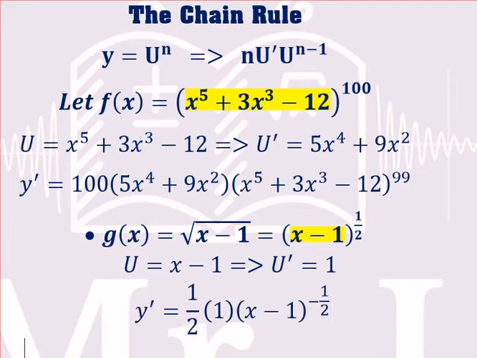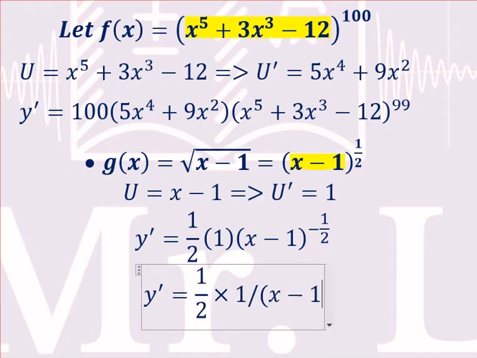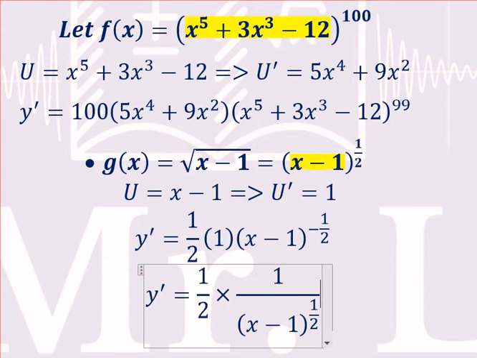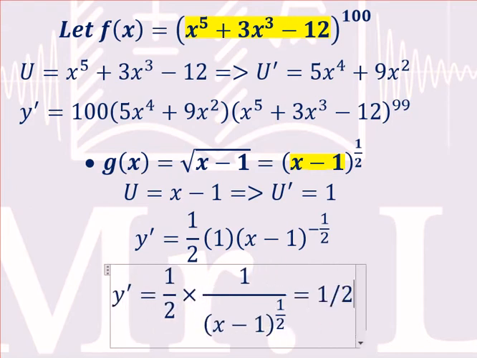Then a little simplification: this means that y prime is simply equal to half multiplied by x minus 1 to the power negative half, or if you want you can write it as 1 over x minus 1 power half. And so it follows that it's equal to 1 divided by 2 radical x minus 1.